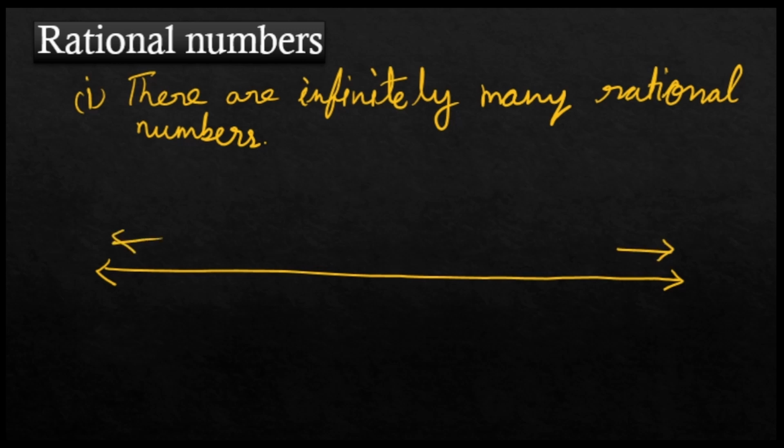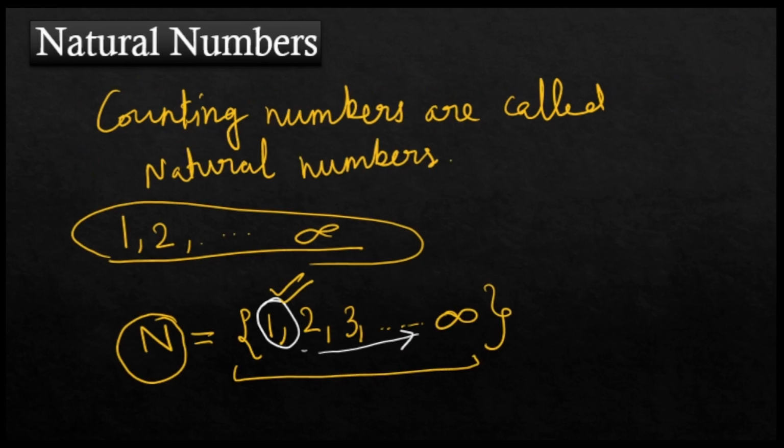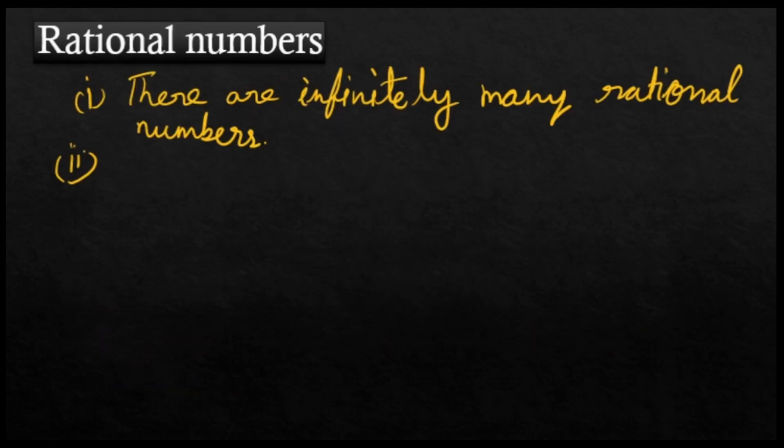That means rational numbers can also be presented on this line endlessly, to infinity, so they are infinitely many in number. Second, in natural numbers 1 was the least number. In whole numbers 0 was the least number. But in the case of rational numbers, there is no least or greatest rational number.